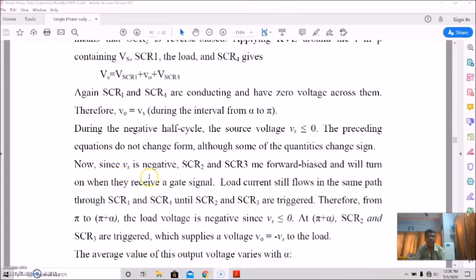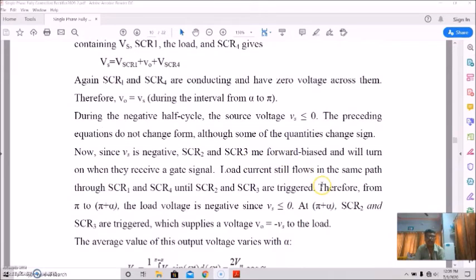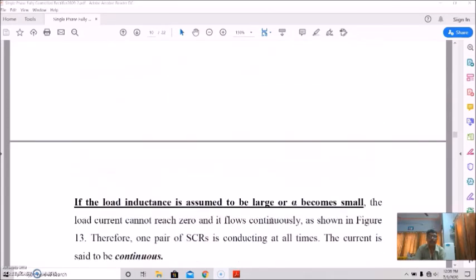And since Vs is negative, SCR2 and SCR3 are forward biased and will turn on when the receiver gets the signal, and the load current will still flow in the same path through SCR1 and SCR4 until SCR2 and 3 are triggered. Therefore, from pi to pi plus alpha, the load voltage is negative since Vs is less than or equal to 0. So that is shown here.